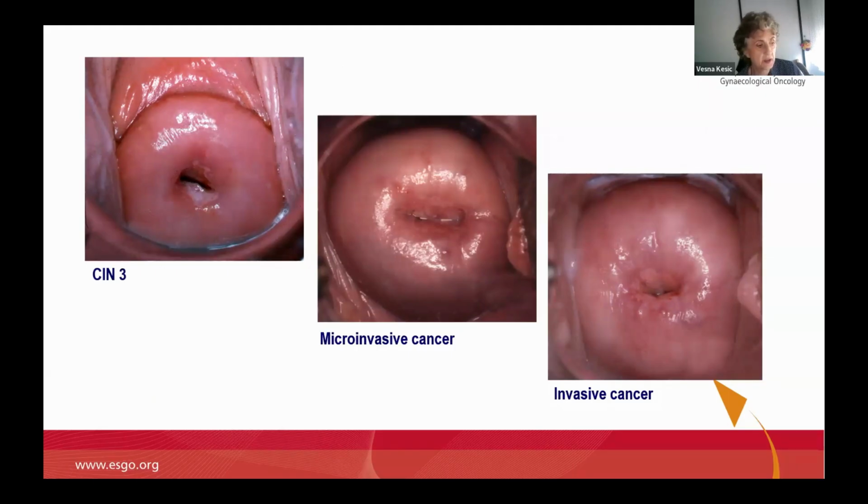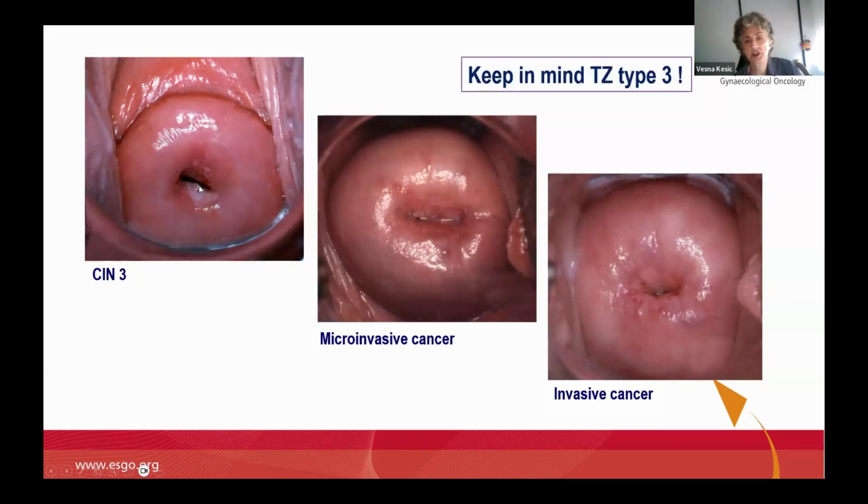Looking this way, we divide transformation zones, as you heard also, to type 1, 3, and 2. Type 3, all these situations where the squamocolumnar junction or the lesion is not visible require very much attention, because they can be CIN3, see, as in this lesion, they can be microinvasive cancer.